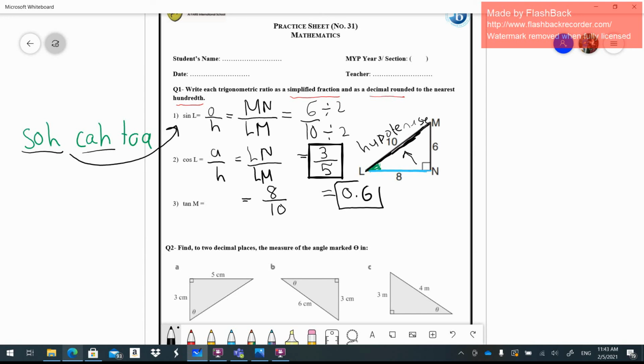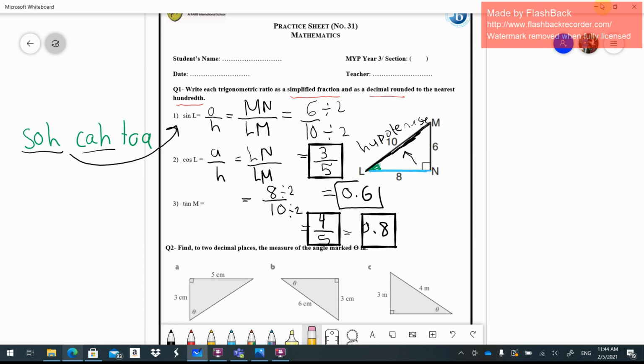Before using the calculator, we write the fraction in simplest form. I can divide up and down by 2, and you will get 4 out of 5. If you divide 4 by 5 on the calculator, you will get 0.8. So this is as a decimal and this is as a fraction.